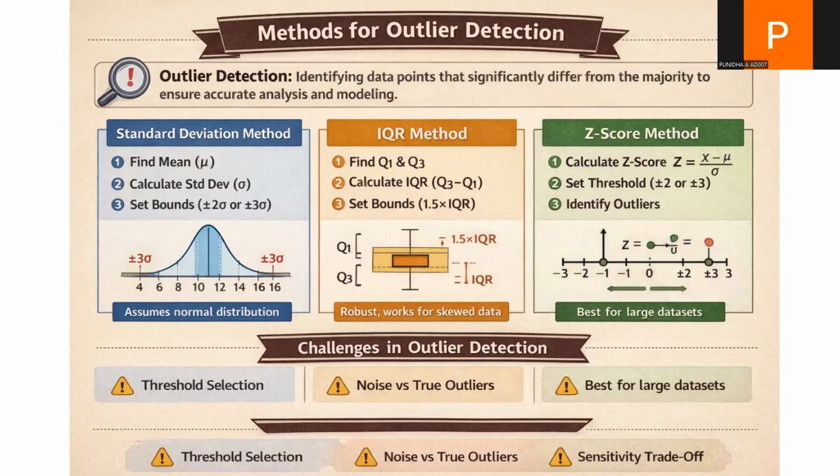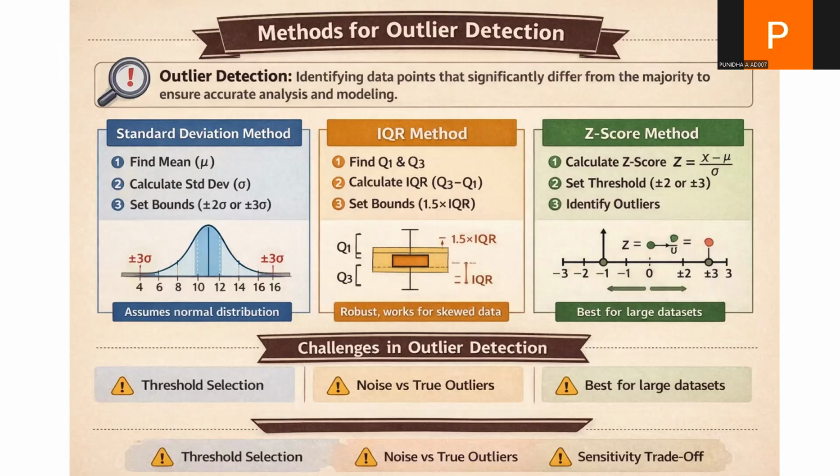The IQR method, the interquartile range method, focuses on the spread of the middle 50% of the data. It calculates the IQR as the difference between the 75th and 25th percentiles of the data and identifies outliers as those points that fall more than 1.5 times the IQR below the 25th percentile or above 1.5 times the IQR above the 75th percentile.